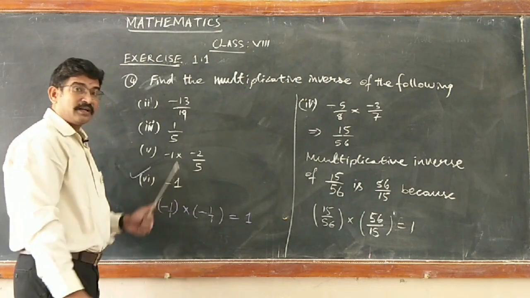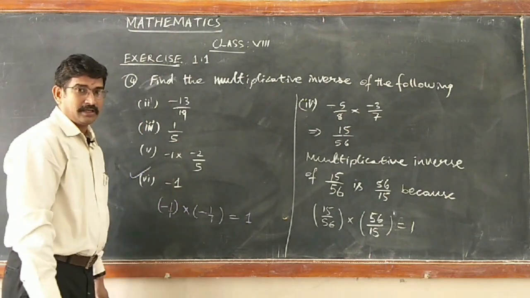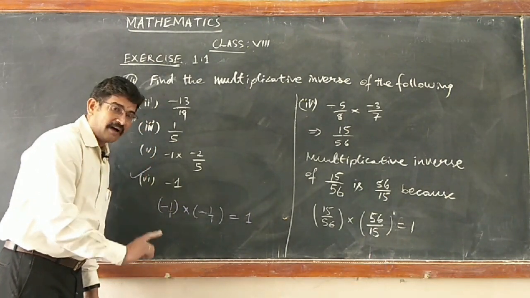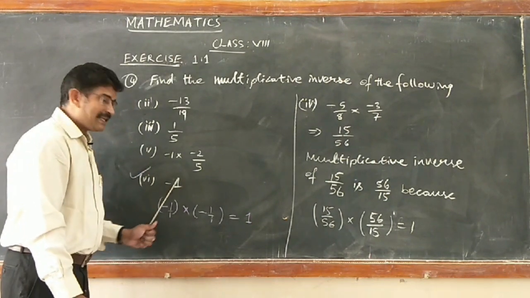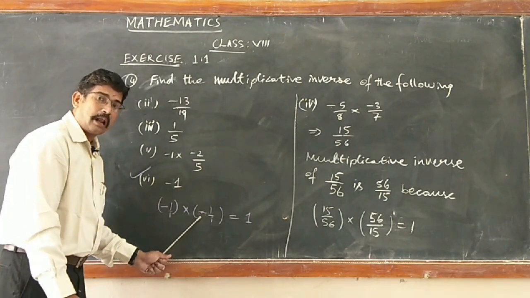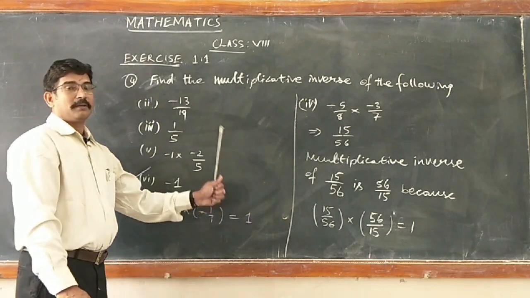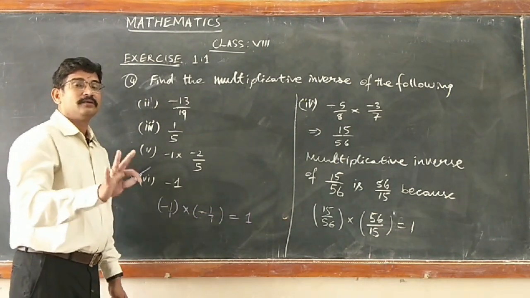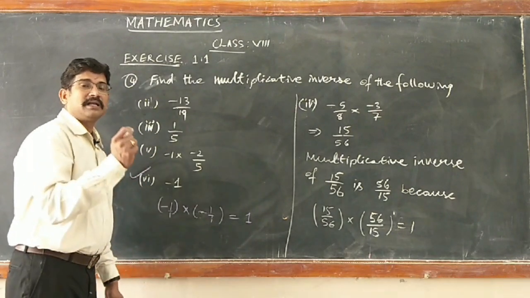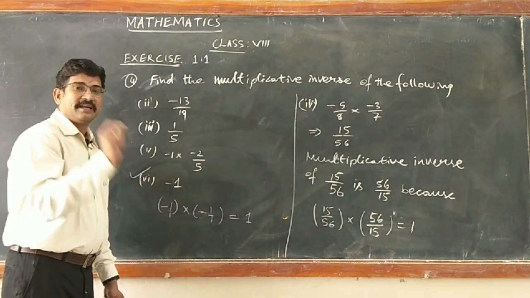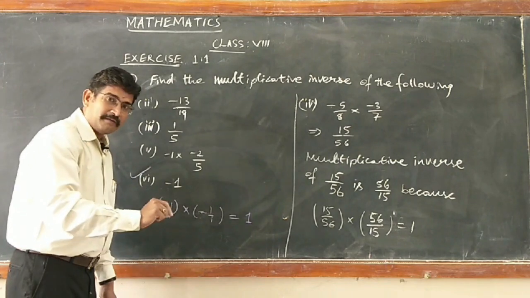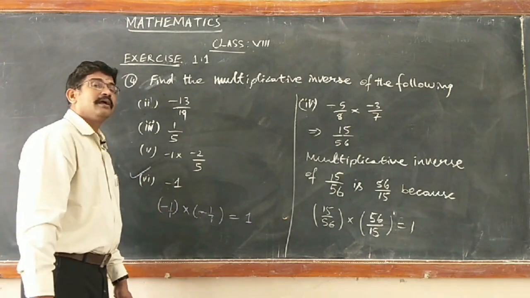So here is note number 3. The multiplicative inverse of minus 1 is itself. That is minus 1 only. Remember children, here note number 3 is the multiplicative inverse of minus 1 is itself. Is there any such other number?